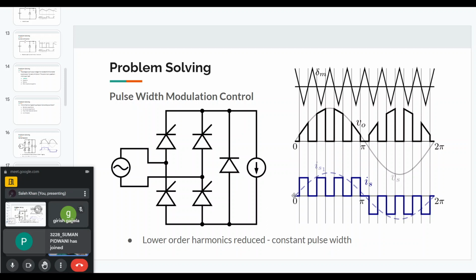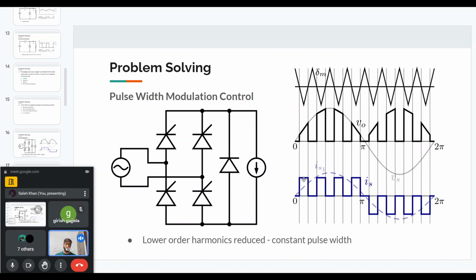Then you can see that the lower order harmonics will be reduced or eliminated, because the waveform has all these pulses. If you do the analysis, you can find that by choosing different on times and off times, we can selectively eliminate different harmonics. But in general, in this kind of wave, the lower order harmonics will be less compared to the higher order harmonics.